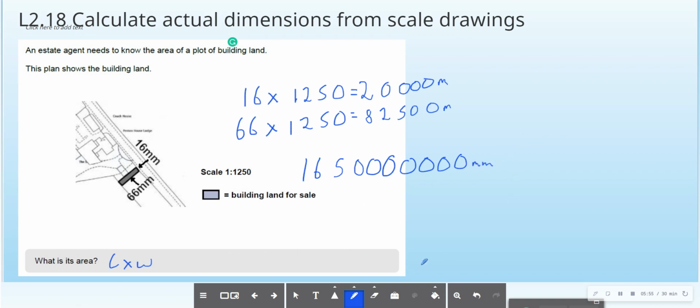I'm pretty sure this question isn't asking for an answer in millimeters, but we'll leave it there because I've cut that part off and I don't know what it's asking for. Could be meters, but that's the method, and then you have to convert it at the end.